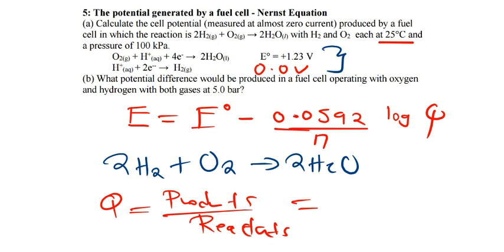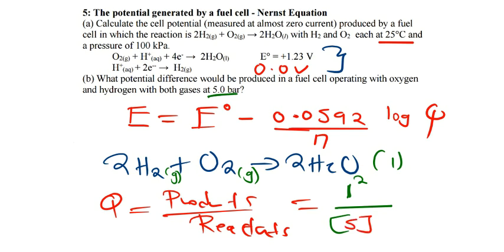So for our products, this is a liquid, the others are gases, the reactants. Whenever you've got liquids and solids, you put a 1. So 1 to the power 2. Then for the reactants, you've got hydrogen, which was at a pressure of 5 bar, so it will be 5 squared due to the stoichiometric coefficient.